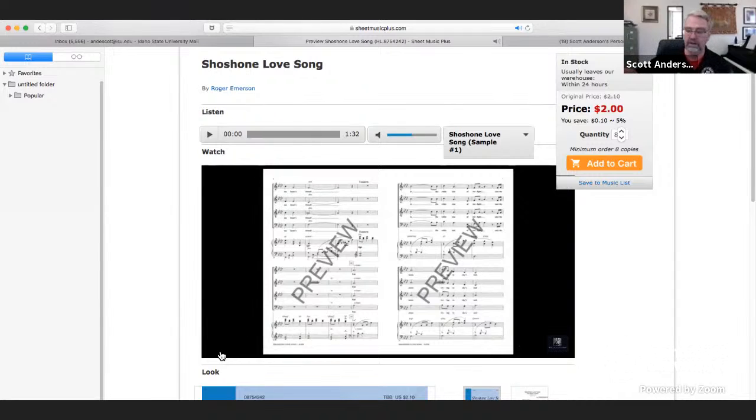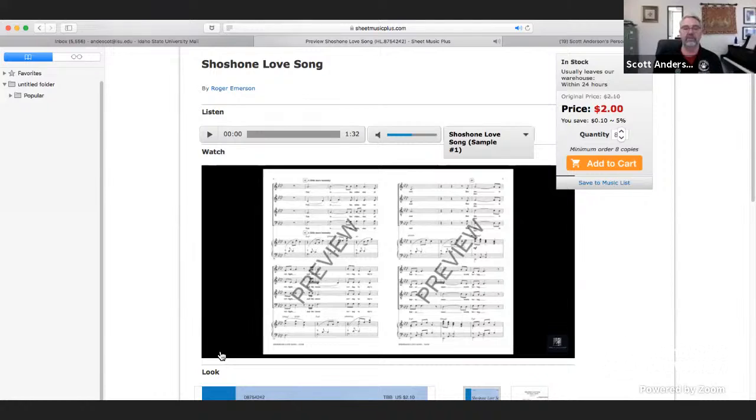Here's that 4-bar interlude now. Here's the first A. And here's the completely harmonized A section. Here's the B section.